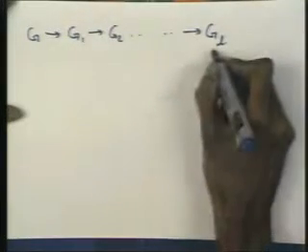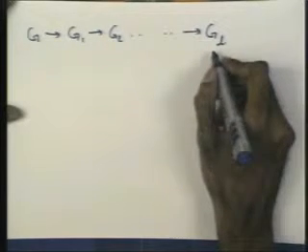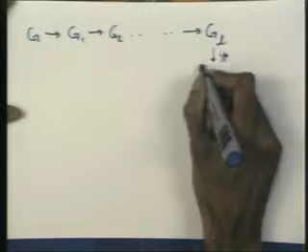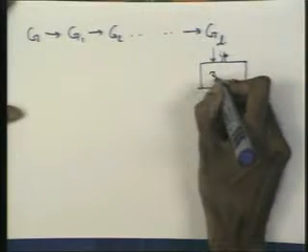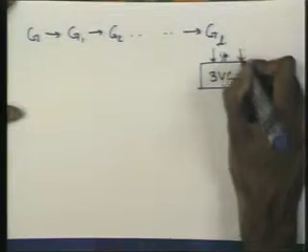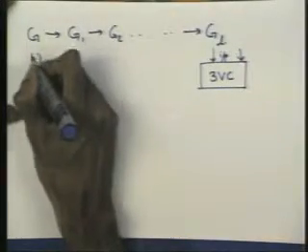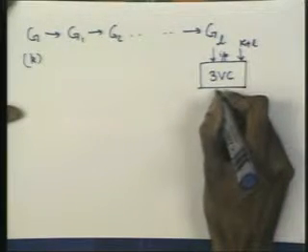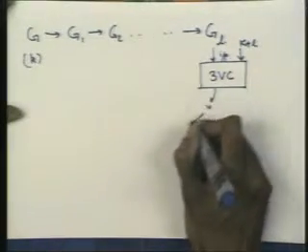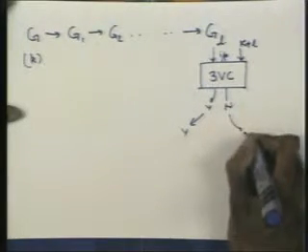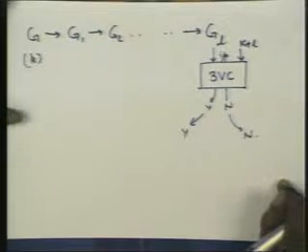So now GL is fed into this algorithm for 3 VC. Initially I had a K here, right? So now I feed in K plus L, and if it says yes, then I output yes. If it says no, then I output no. This is the entire algorithm.